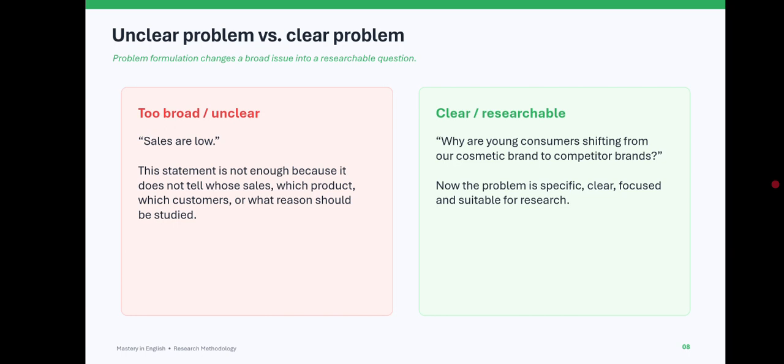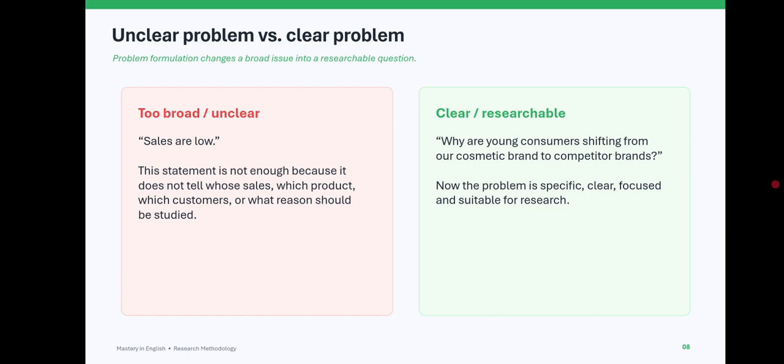So let's take one example based on problem formulation. Suppose a cosmetic company notices that sales are decreasing in the market. Now the company cannot simply say sales are low. This statement is too broad and unclear.